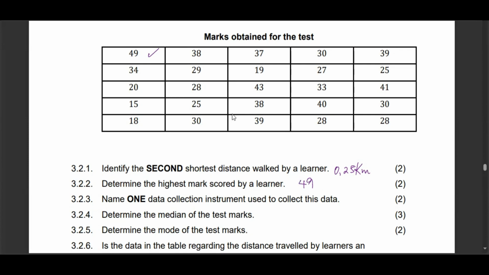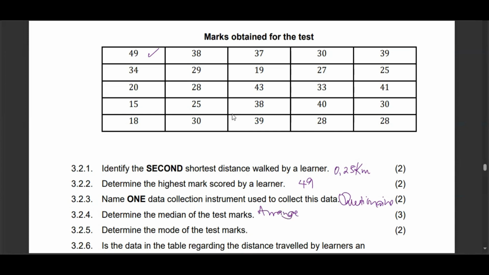Name one data collection instrument used to collect the data. We can say questionnaires and probably survey. Questionnaire. Determine the median mark. That means you need to arrange first and foremost and look for the median mark.